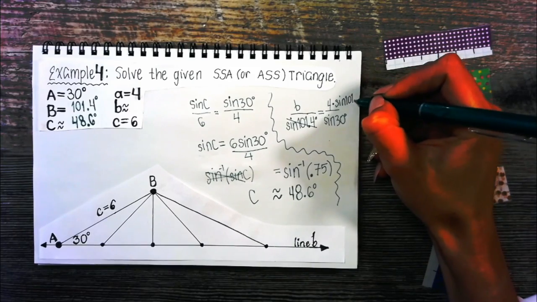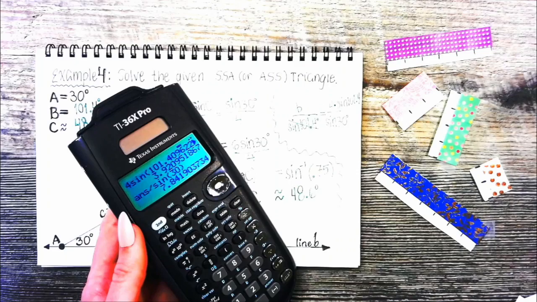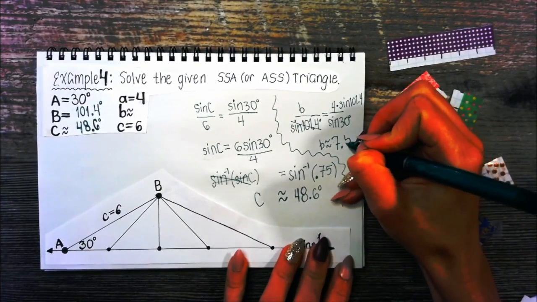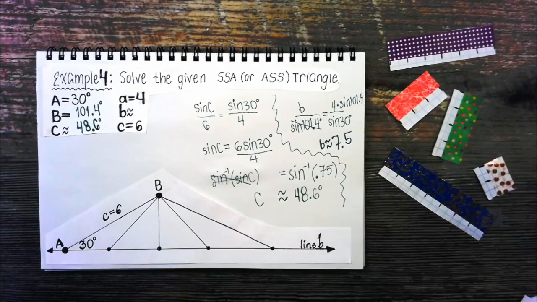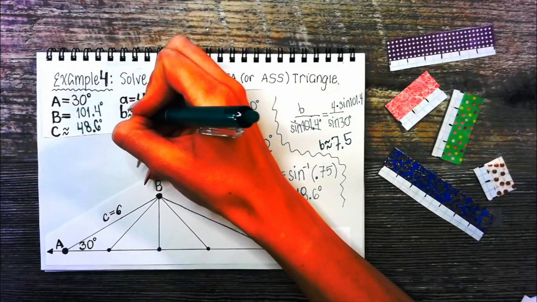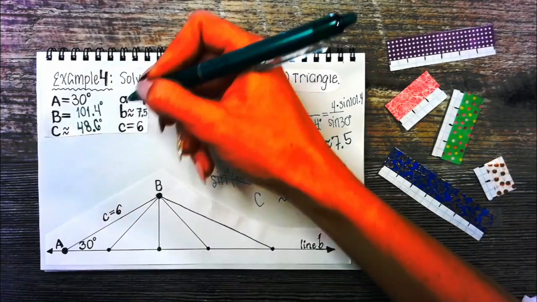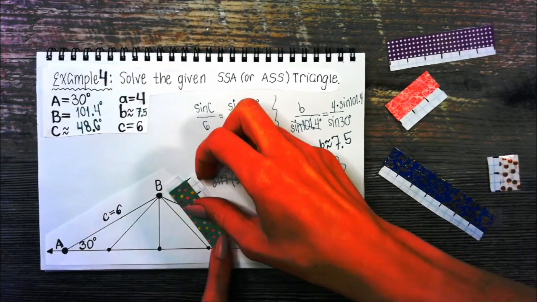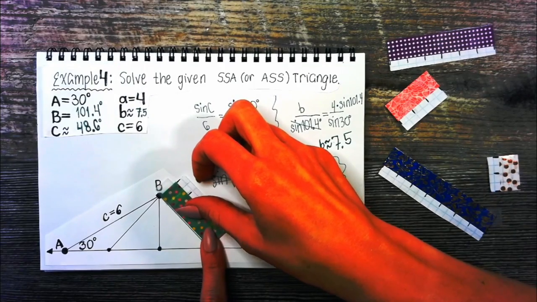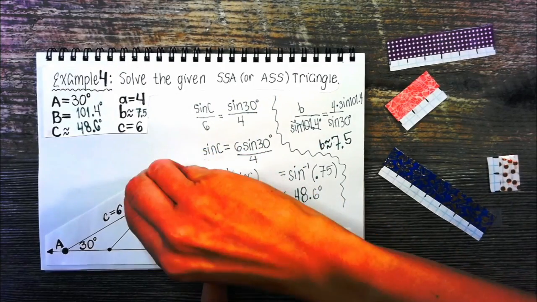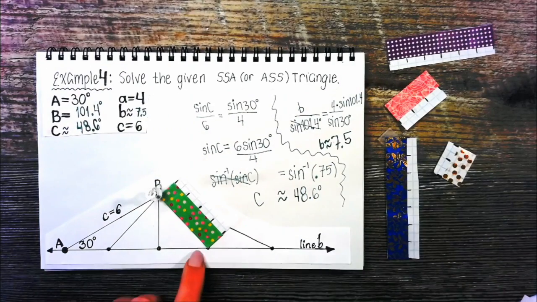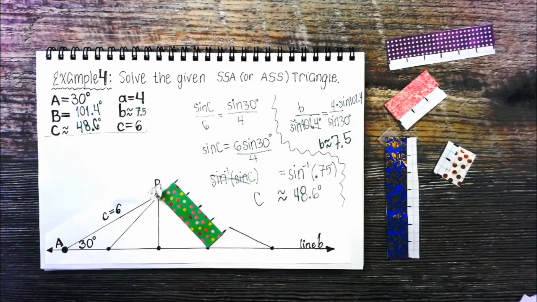After multiplying by sine of 101.4 on both sides to isolate the B value, we use the calculator once again to find that B is equal to approximately 7.5 units. Now we have fully solved one possible scenario of a triangle with the dimensions 30 degrees for angle A, 6 units for side C, and 4 units for side A.